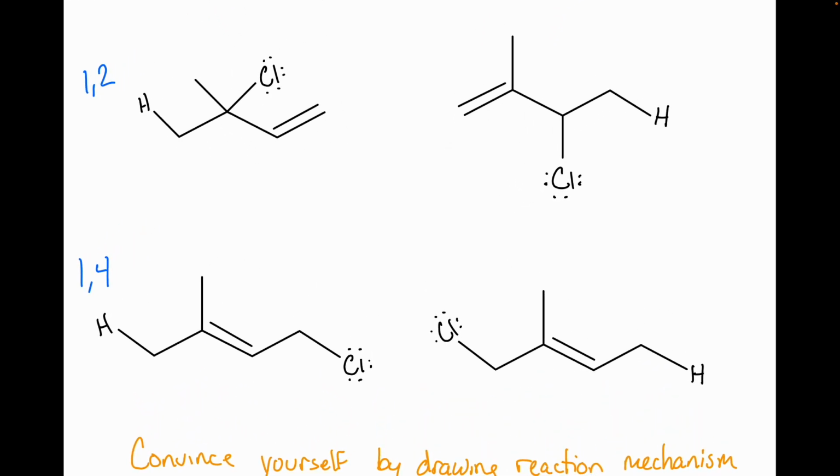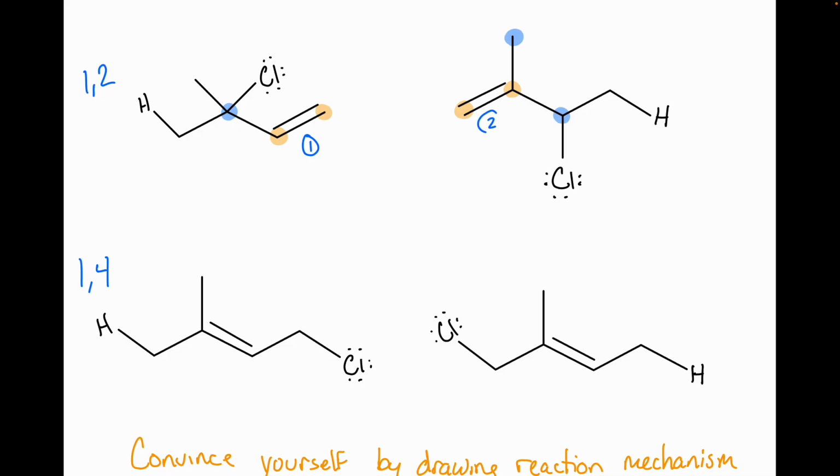All right, this first one here, what is this one? Mono, di, tri, tetra. We're going to look at these two sp2 hybridized carbons, and we're going to count how many carbons are bound. We just have that one, so this one's mono-substituted. What about this one over here? We look at our sp2 hybridized carbons and count how many carbons are bound.